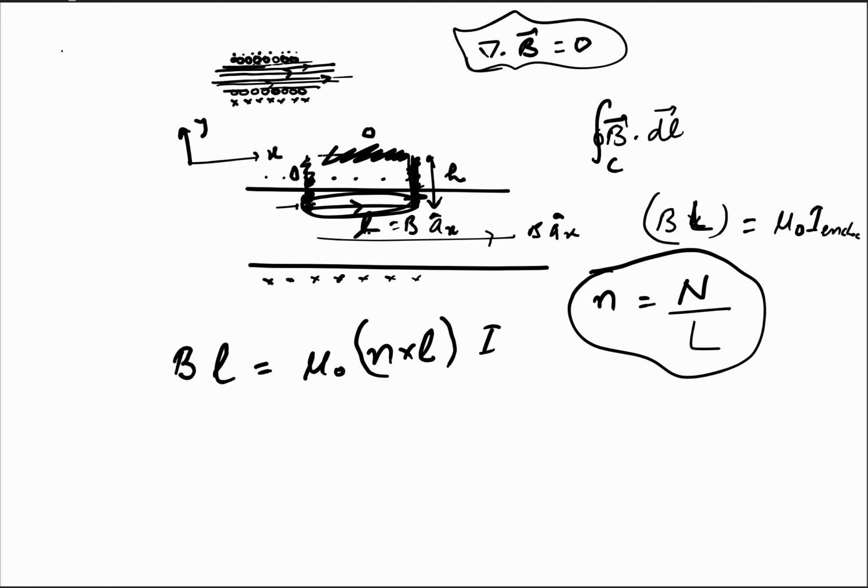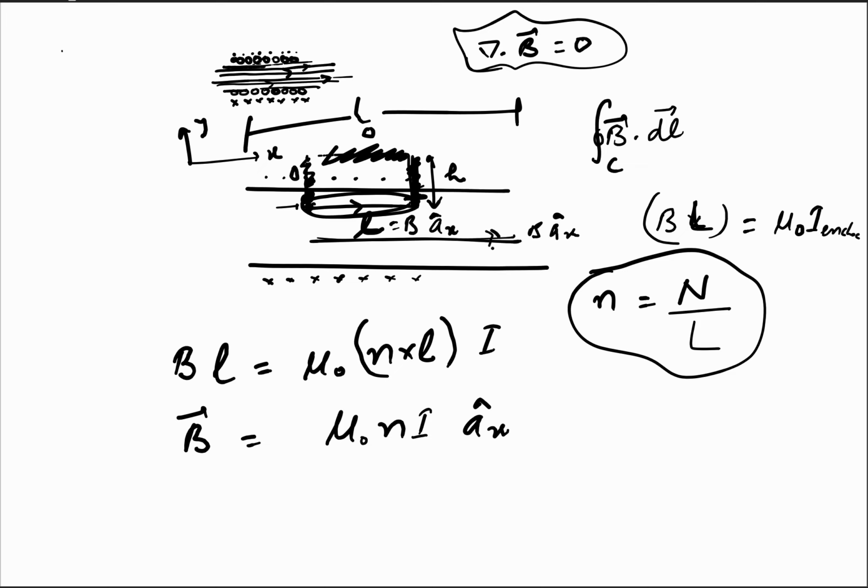Let us say this is small l, so that the total length is L and this curve length is small l. So B will be mu naught n I and the direction will be in the x direction, that is in this direction.